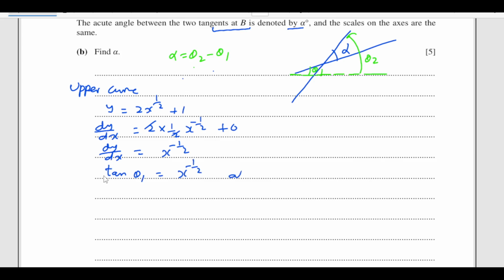So at x equals 4, tan theta 1 is going to be 4 power minus half, equals half. So theta 1 is equal to tan inverse half, right? So theta 1 is going to be 26.57 degrees.